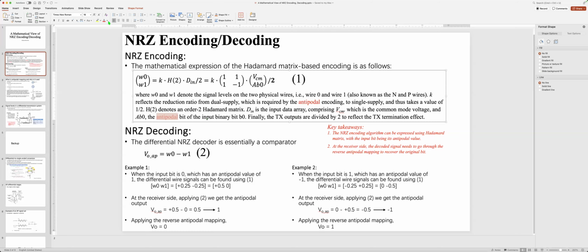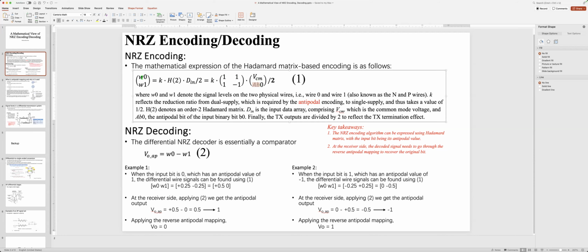Why do we have to use this antipodal value? Can we just use the original binary value here? Well, we can do the experiment. If the input bit is 0, we put a 0 here. And the VCM, we can assume it to be 0 for a general case. And we do the math: 0 multiplied by 1, 1, and we get a 0, right?